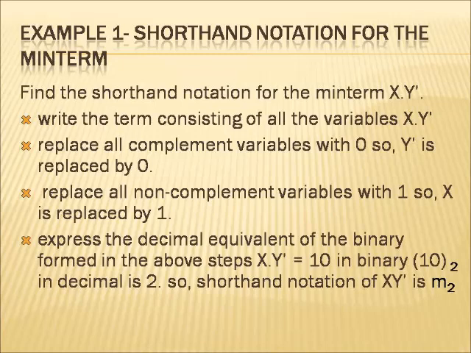So when we say x dot y bar, this is equal to 1 dot 0, or 1 0 in binary, right? 1 0 in binary is equal to the decimal 2. So the shorthand notation of x dot y bar is m2. You can see that lowercase letter m2 I have written.